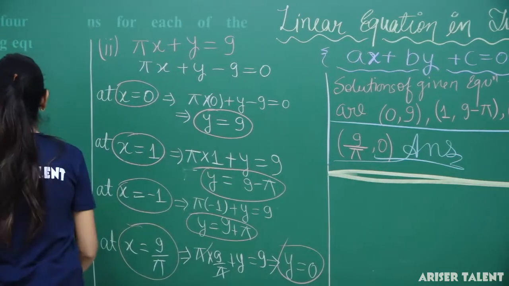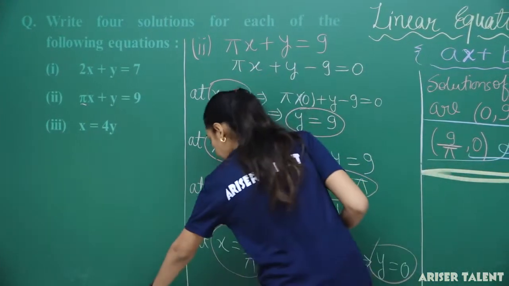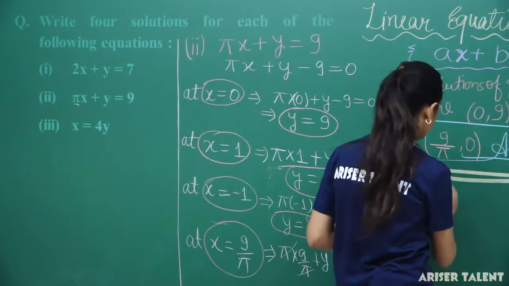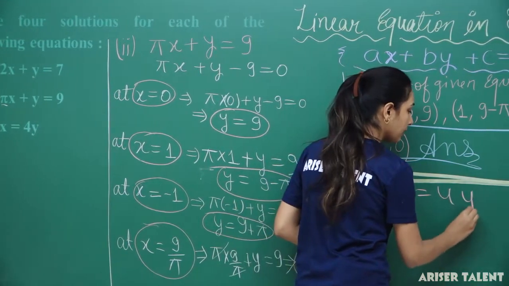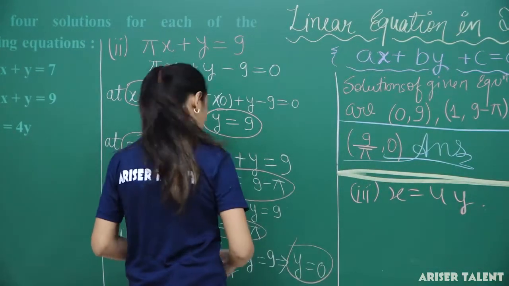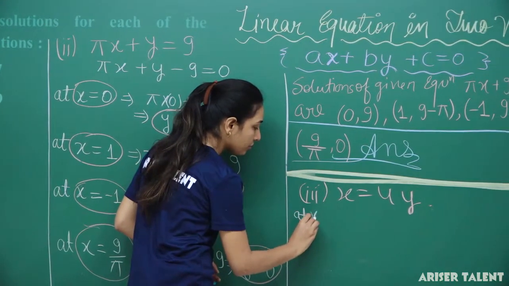Okay, so next question is x equals to 4y. Isn't it very simple? X equals to 4y. This is the given equation. Again, I have to put x equals to 0.